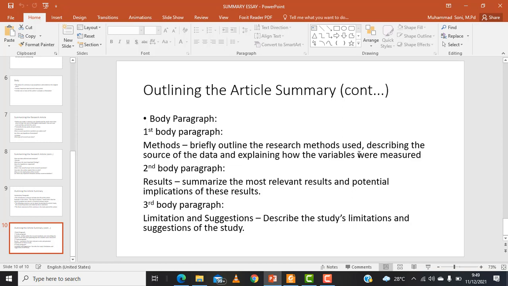You have to briefly outline the research method used, whether it is quantitative or qualitative, and describe the source of the data.